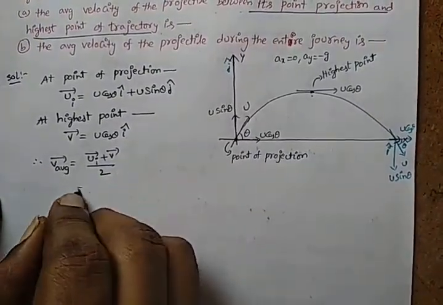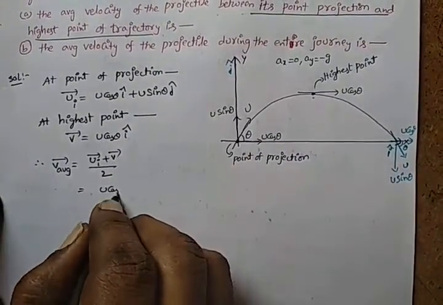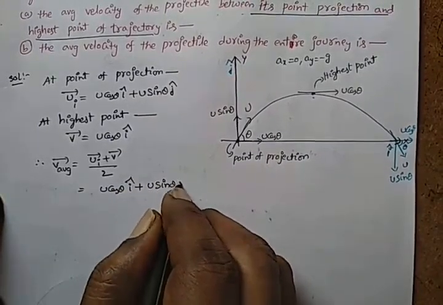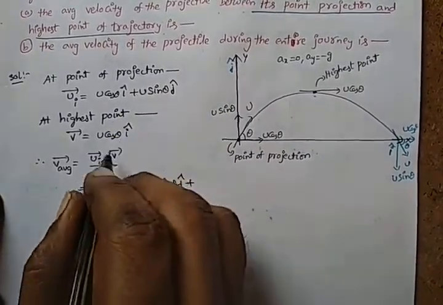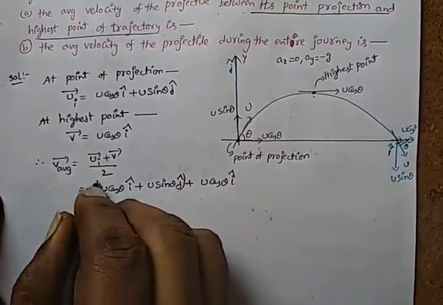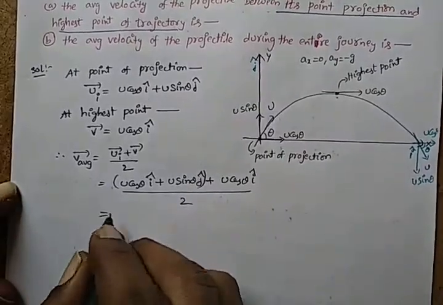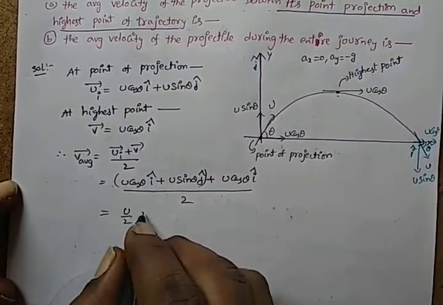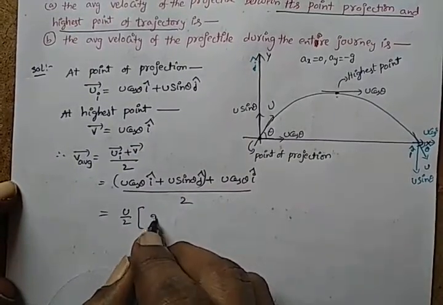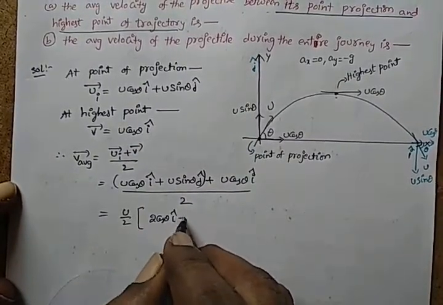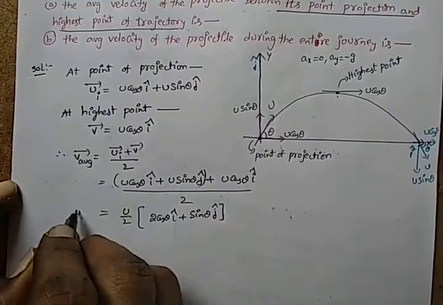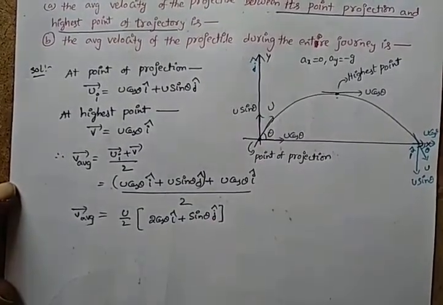So here the value of initial velocity is u cos theta i cap plus u sin theta j cap, and velocity at highest point is u cos theta i cap. So here u by 2 common, then cos theta i plus cos theta i, 2 cos theta i plus sin theta j. So this is average velocity vector.